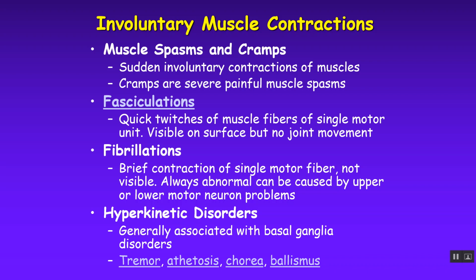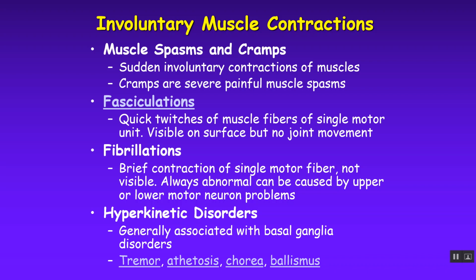Remember, the motor unit is a single motor neuron randomly firing in your anterior horn, making the muscle fibers innervated by that single axon, which branches, contract.